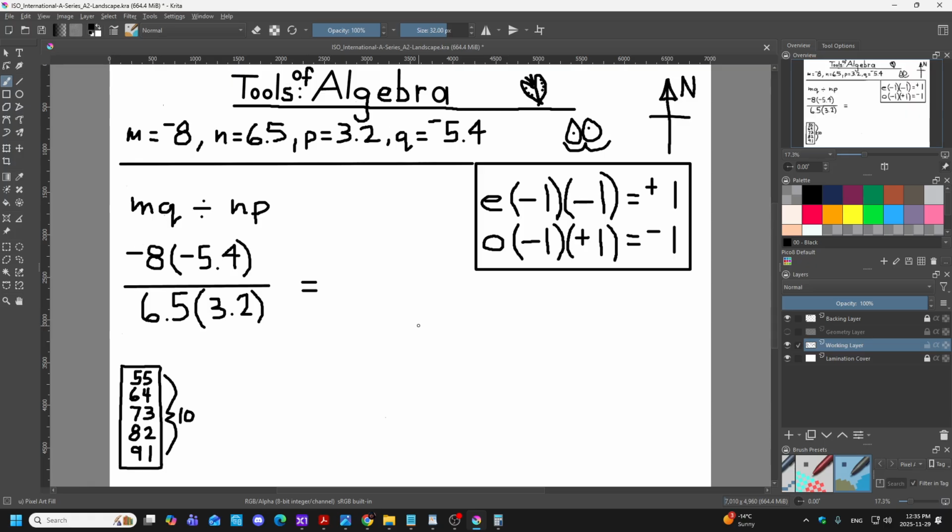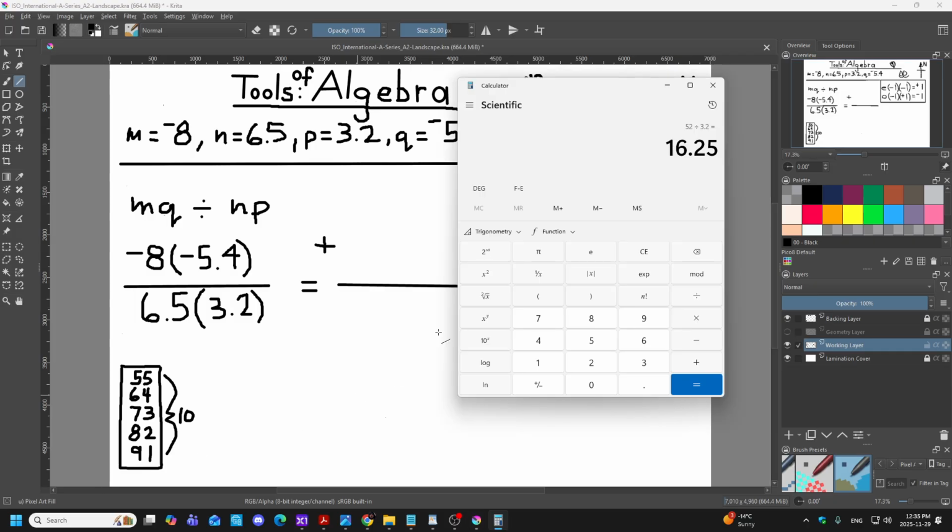You could also say to yourself, a negative times a negative equals positive. Therefore, our answer is going to be a positive. Let's do the work. Numerator. 8 times 5.4.